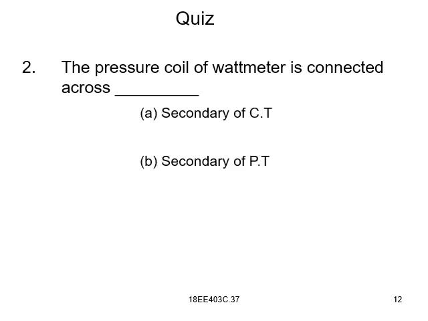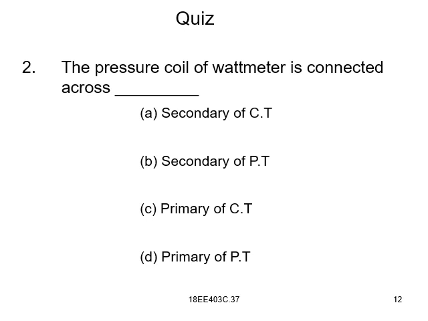The next question: the pressure coil of wattmeter is connected across. It's also very easy. We can recollect from the earlier topics that the current coil is connected across the secondaries of the CTs, and the pressure coil is connected across the secondary of PTs.